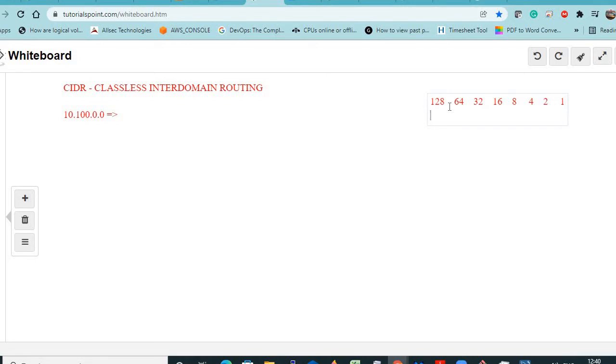You need to put 1 in such a way that if you add those digits, you get that value. For example, I'll put 0, 0, 0, 0, 1, 0, 1, 0. This is how I represent 10.